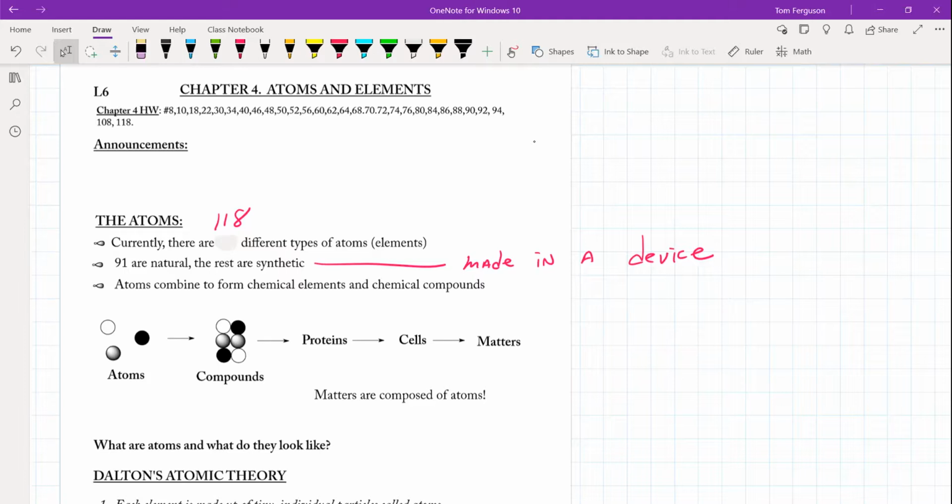The rest are made in some kind of device, a cyclotron, a collider. There's all kinds of devices that have been made to make new elements.